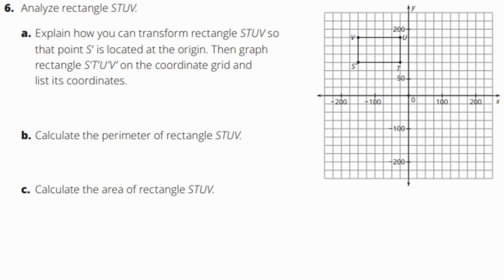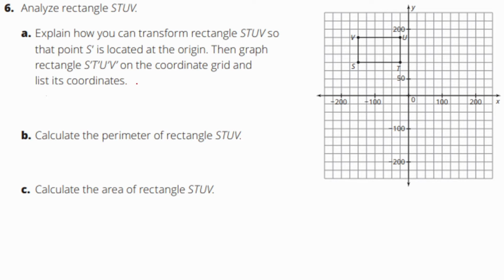Well, we want to get S to the origin, which means we want to move it down 1, 2, 3, 4. If each of these lines is 25, so we go 25, 50, 75, 100. Okay, so we want to move it down 100 units, and then to the right 150 units.